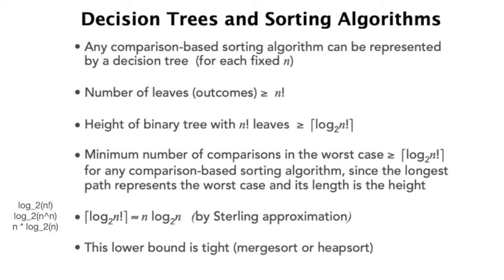The height of the tree is an indicator of the total number of comparisons. So the longest path from the root to a leaf represents the worst case number of comparisons. So since log of n factorial, yung dami ng comparison or height of the tree na may longest path, this is the lower bound.